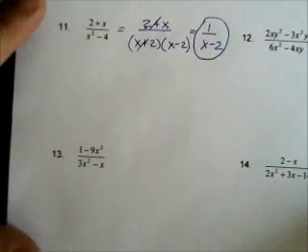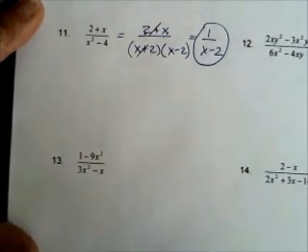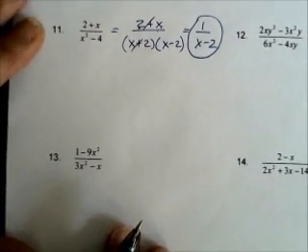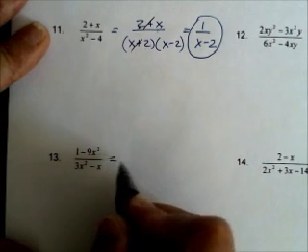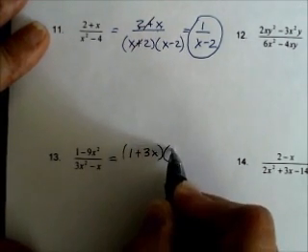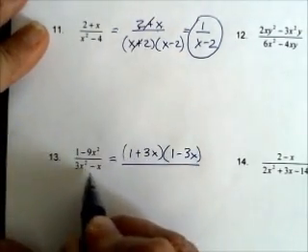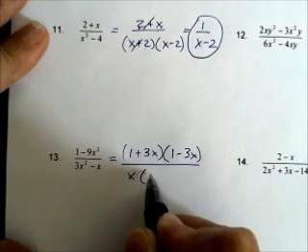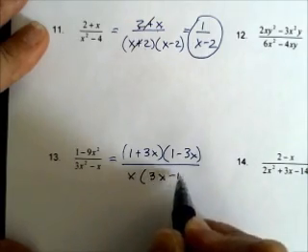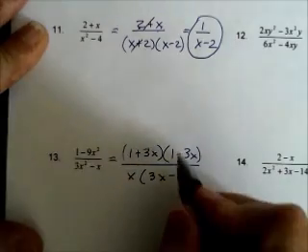Number 13, and certainly by all means, if you want, you can always pause the video and try number 13 on your own. Factoring 1 plus 3x, difference of two perfect squares, 1 minus 3x. GCF, x, 3x minus 1. These are opposites.